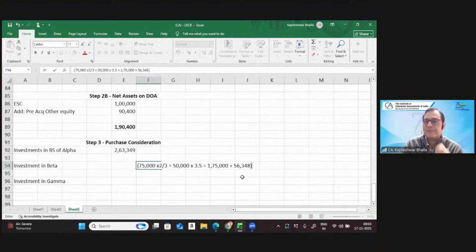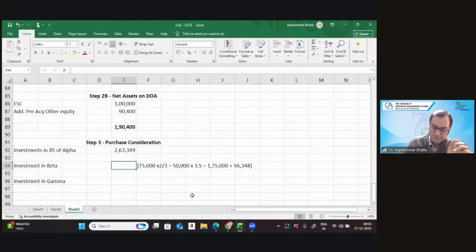So now we can get the entire status of the investment in terms of Beta. We invested 1,75,000, the fair value of the shares issued, and 56,348. This comes to 231,348. Okay, so this is the investment in terms of the subsidiary company.